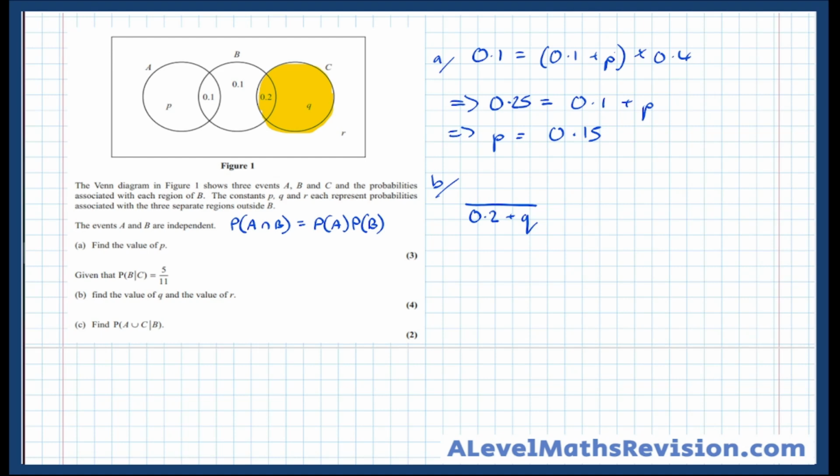And then the probability of B was 0.2. Not all of this, just the portion that's in our highlighted region. Again, we're only now allowed to use numbers from the region that we're given happened, equals 5/11. So rearranging this now, we get 0.2 equals, if I multiply both sides by 0.2 plus Q, 5/11 times 0.2 plus Q. Let's divide both sides by 5/11 now.